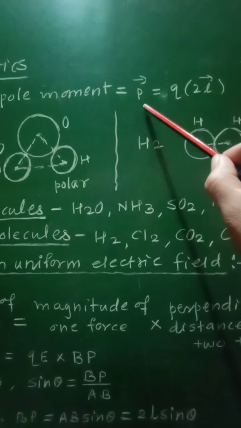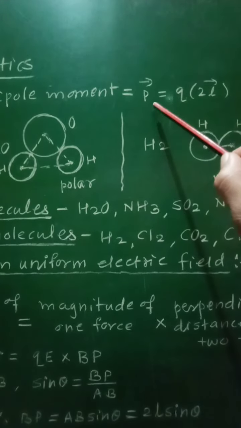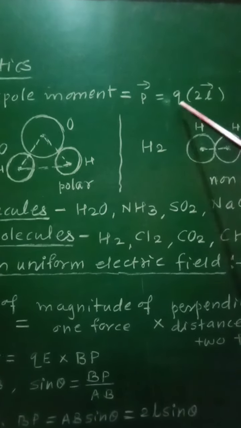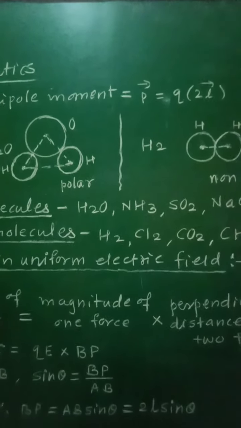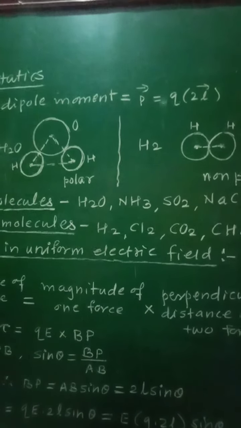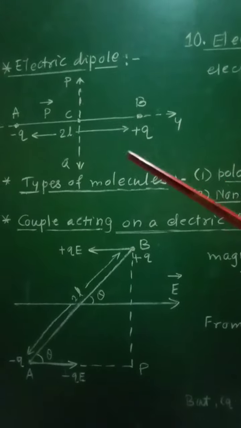So this will be the vector quantity which is directed from negative charge to the positive charge in that electric dipole. Now let us see the types of molecules.